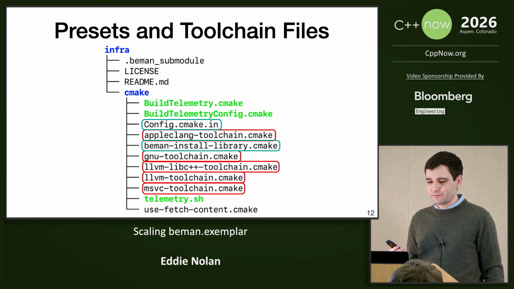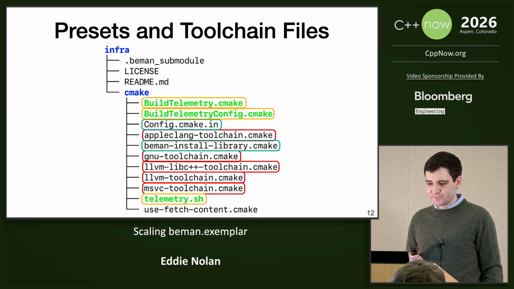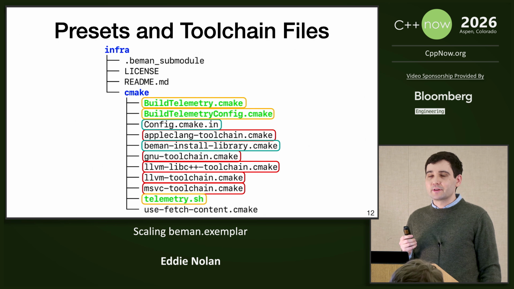We also have telemetry. These files were added recently. They only kick in if you use a bleeding edge CMake version, so you need CMake 4.3.